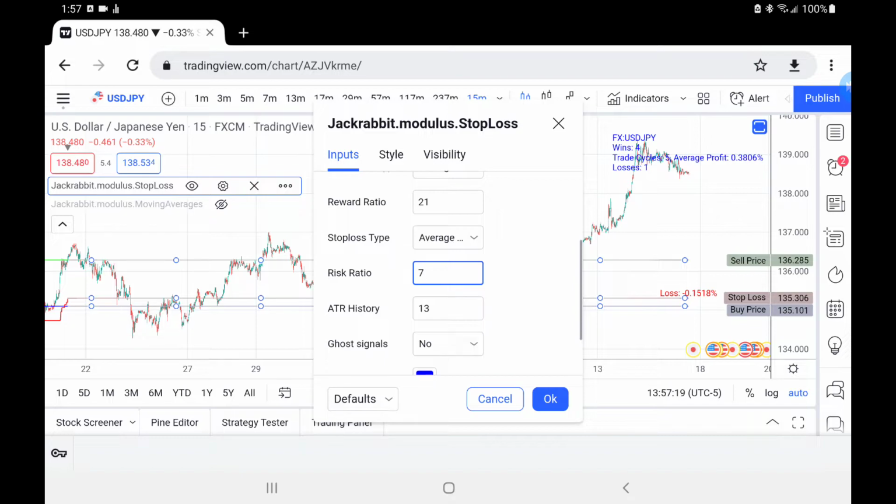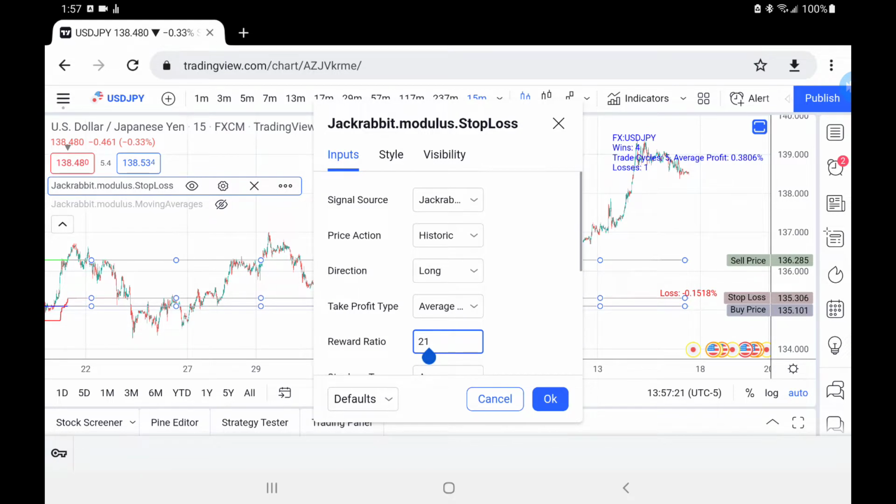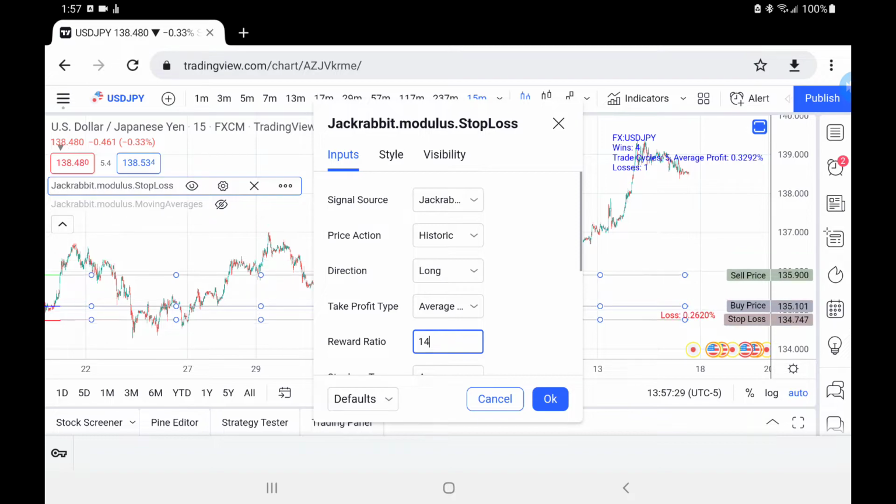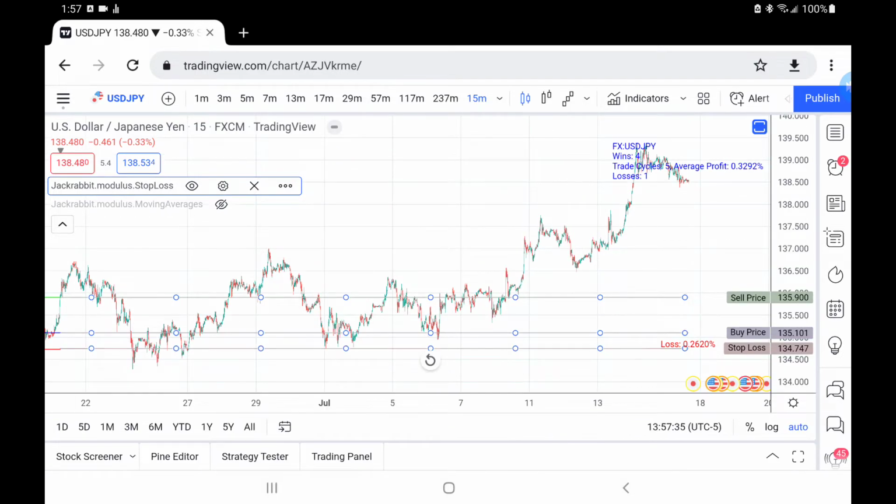If you want to do a 2-to-1, then it would be 14. And again, it is in profit. Not as much profit as percentage, but it is in profit.